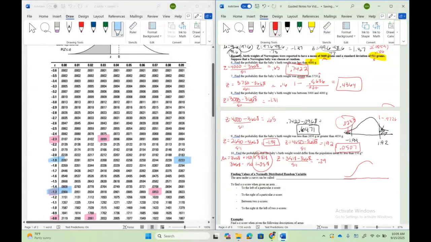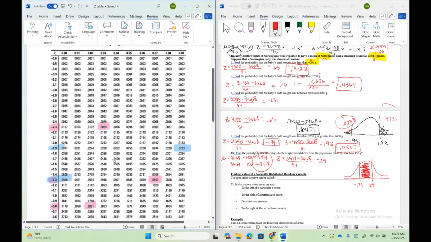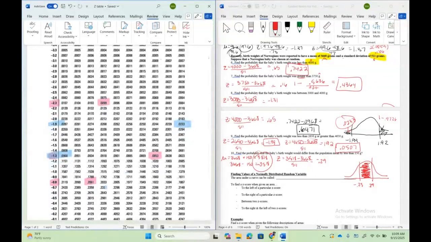Okay, so for this bell curve, we want to be different from the mean by less than 150 grams. So we're finding the area between here. So I have positive 0.29 and negative 0.29 for my z-scores. All right, the area to the left of negative 0.29 is 0.3859.